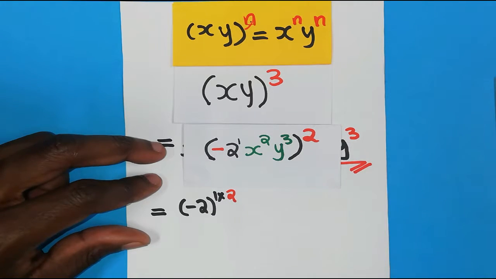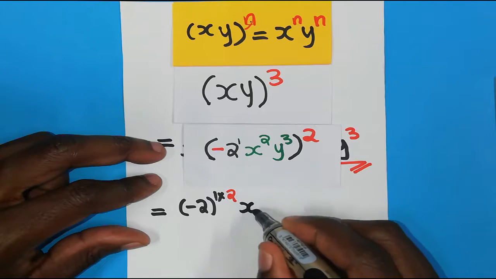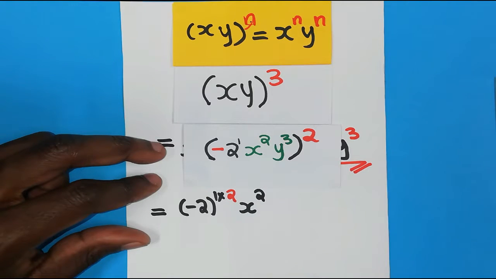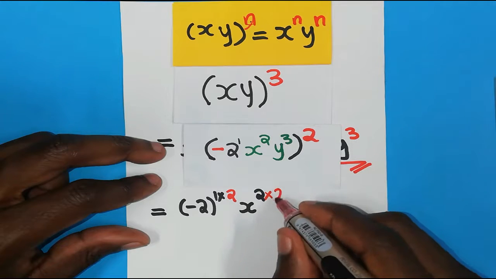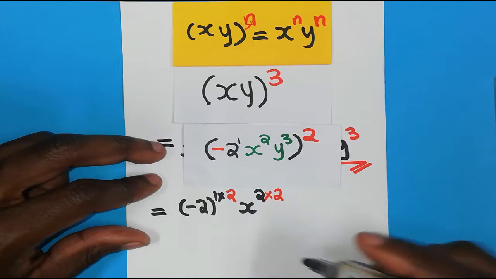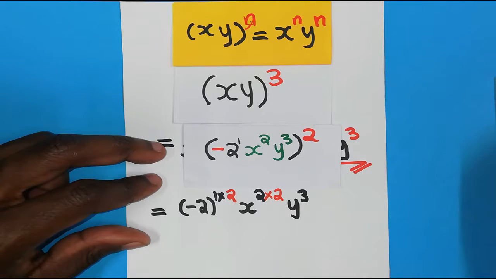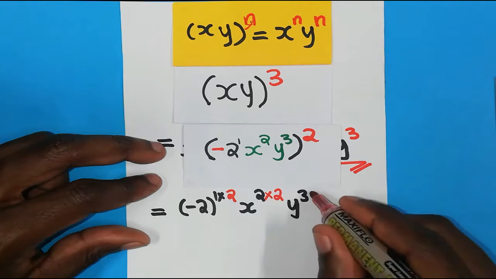Then you write the next variable. In this case it is the first variable and its exponent, which is 2. Then you multiply with that 2. Then you write the second variable, which is y, and its exponent. Therefore you multiply that exponent with 2.